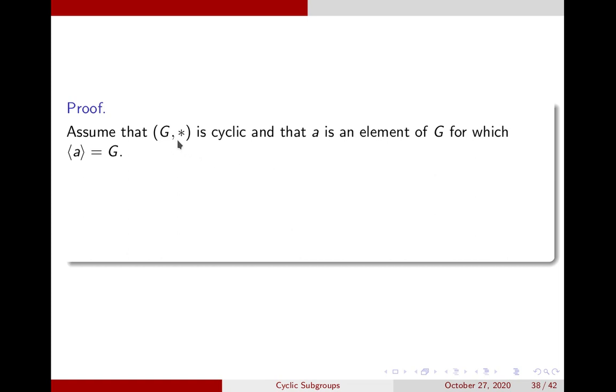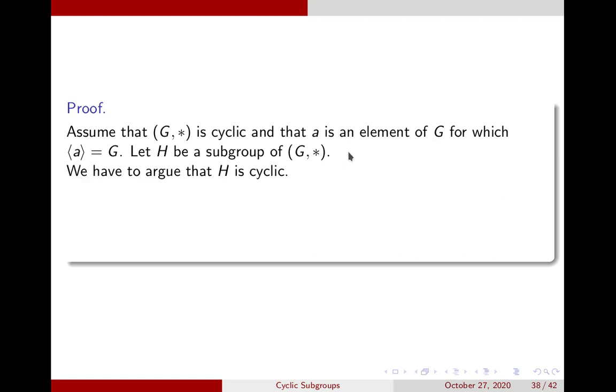So we assume we have a cyclic group, G star, and since G star is cyclic, there is an element of G, we're calling it little a, for which the cyclic subgroup generated by little a is all of G. So we start with a cyclic group, and now we let H be a subgroup of G star, and our job is to show that this subgroup is cyclic.